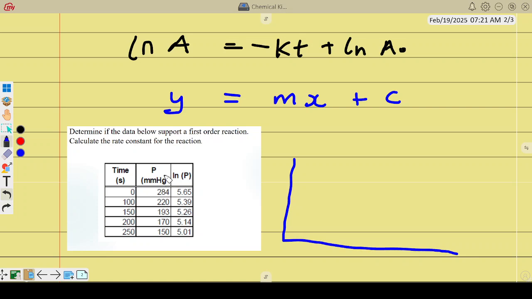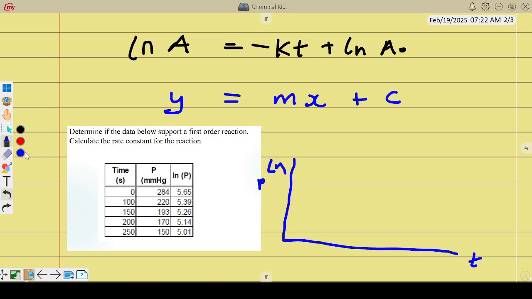So actually sometimes you'd be given to plot. So this means you come up, so time you write it here, and then on this side you put ln P. So you can see here we have P. You know these people, when they are setting questions, things don't have to be easy.